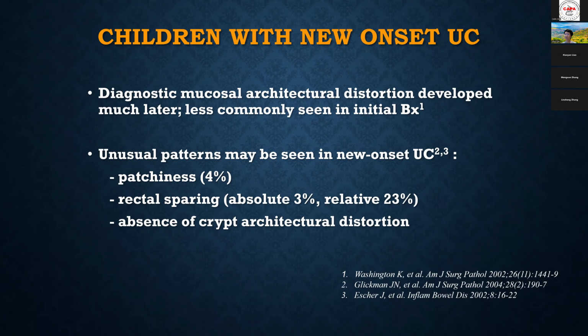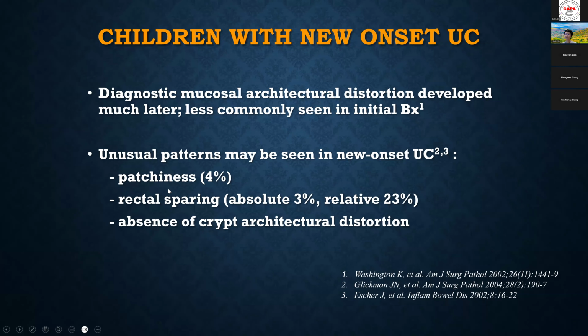But if an adult has 2 weeks of diarrhea, nobody cares. It might be 2 or 3 months before an adult patient comes to see the doctor. So the real chronicity of architectural distortion may not have developed in the pediatric patient. The second thing is that for kids, their immune system may not be well developed, so their changes may not be the same as in adult patients.